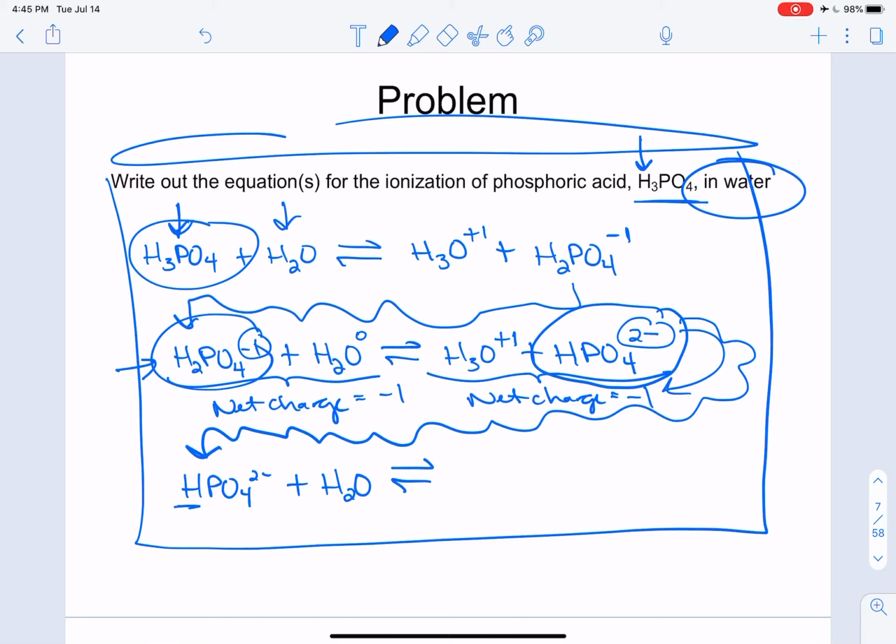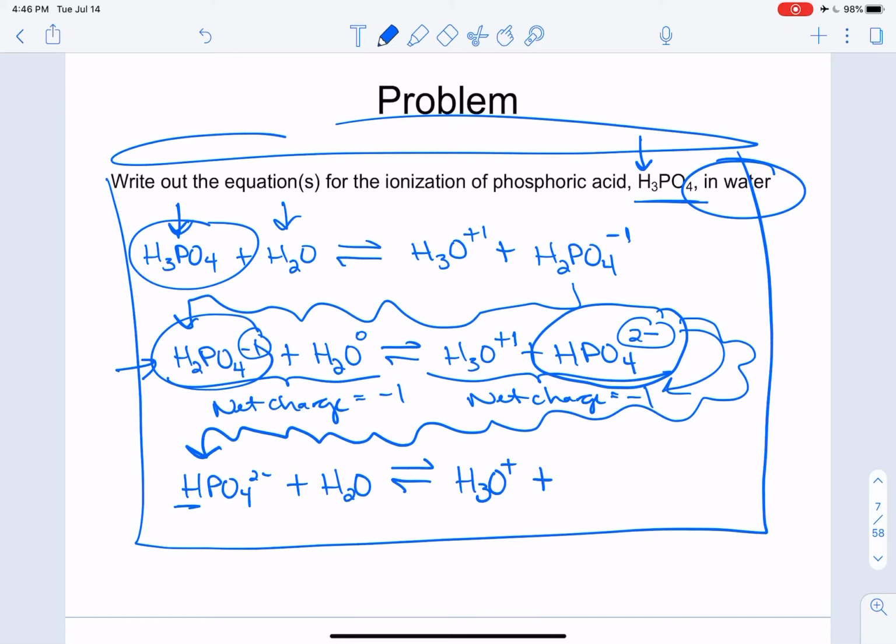And if H2O grabs an H plus, it becomes what? It becomes H3O plus, and hydronium's always +1. And remember, you can just write plus, or you can write +1 when you have +1. But if it's plus anything else, like +2, +3, +4, you got to write the number. And that's going to leave us with what?